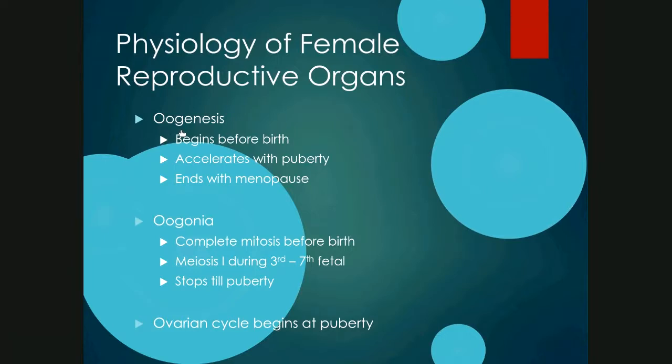In males, don't forget that this began at puberty and didn't stop until death. But in females, this is a completely different process. This begins before birth. The mitotic process, where the stem cell divided and made a copy, happens well before birth.